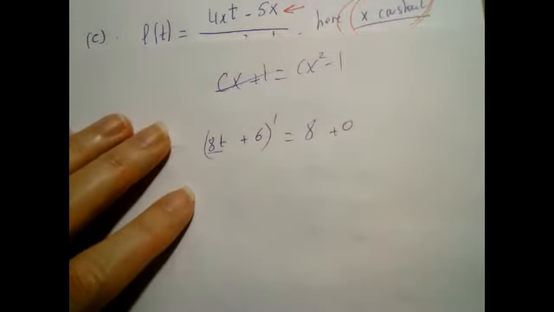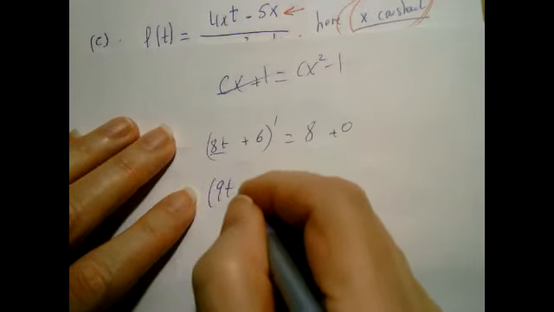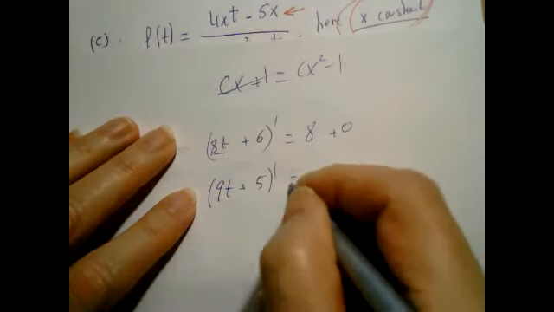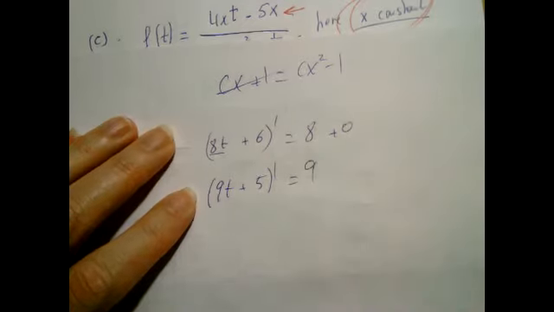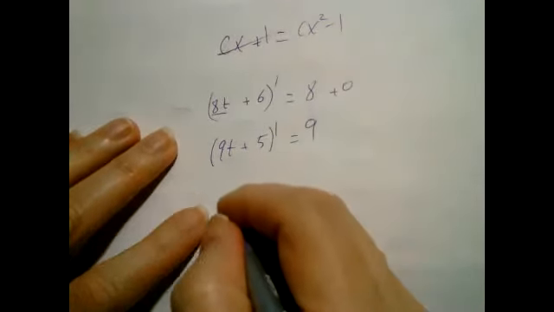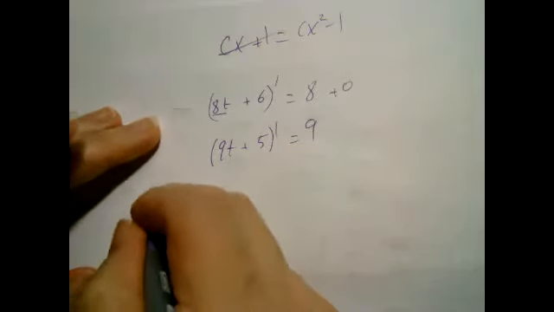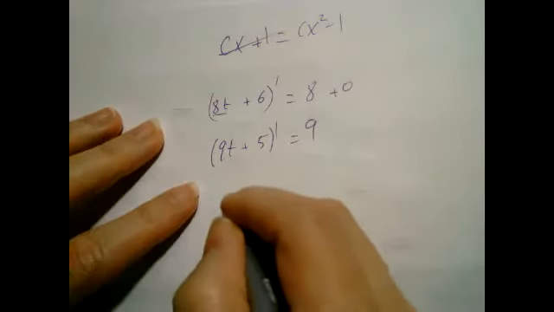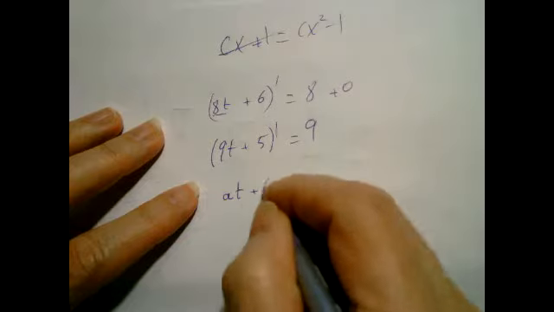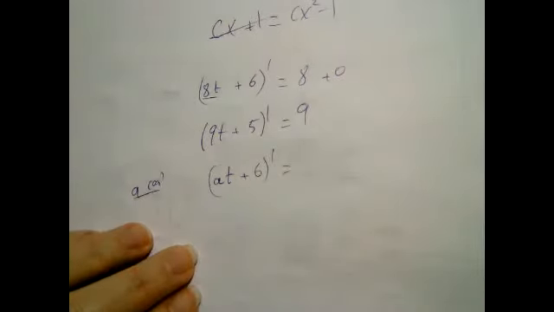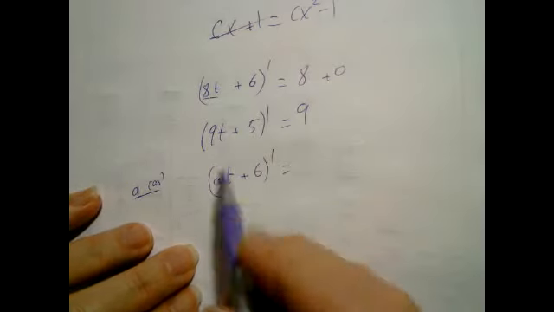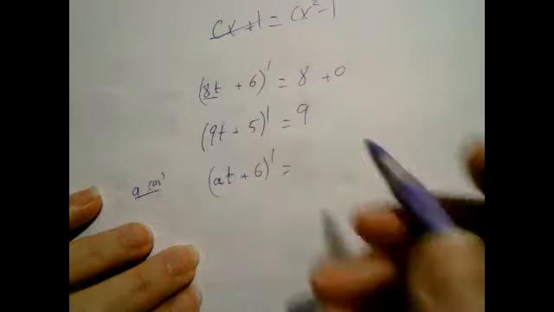If I put 9t plus 5, the derivative is 9. Now if a is a constant and I put at plus 6, what's the derivative? Just a, because a is a constant.